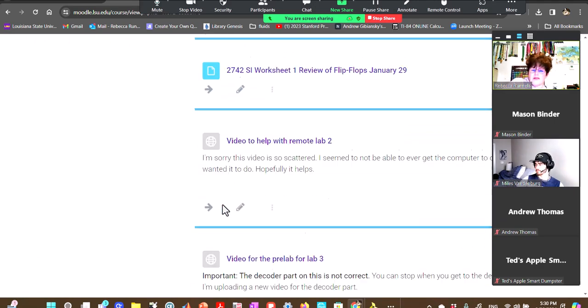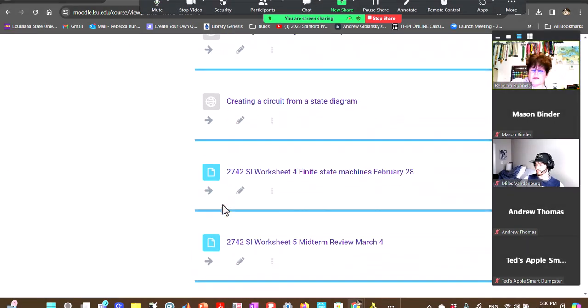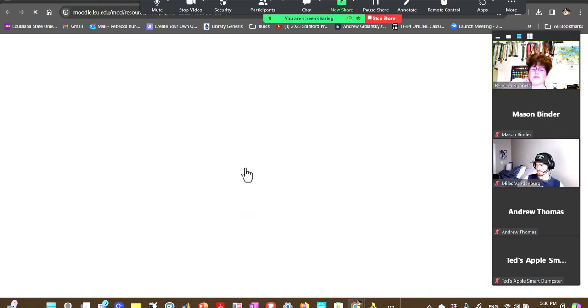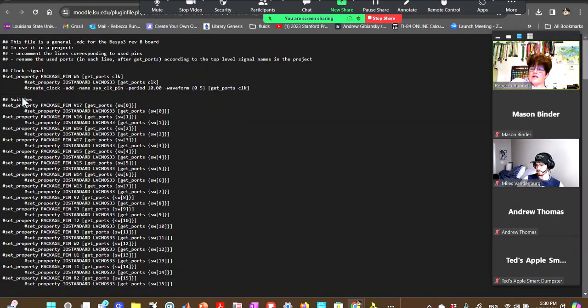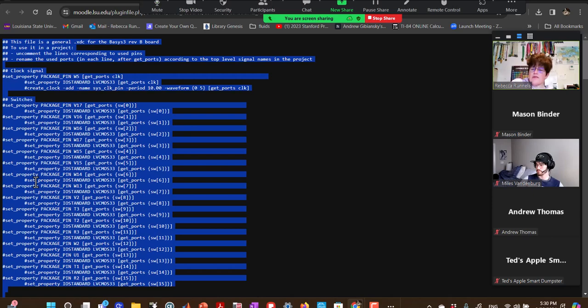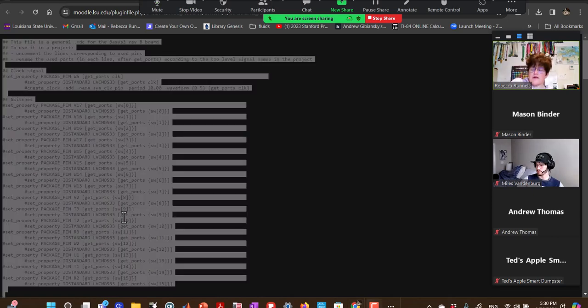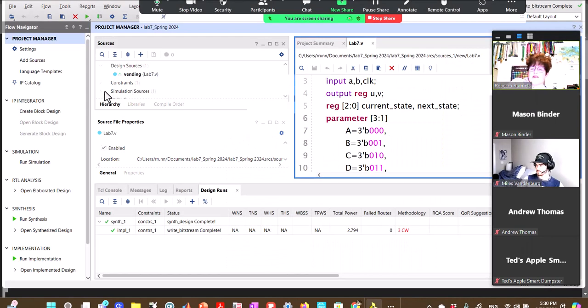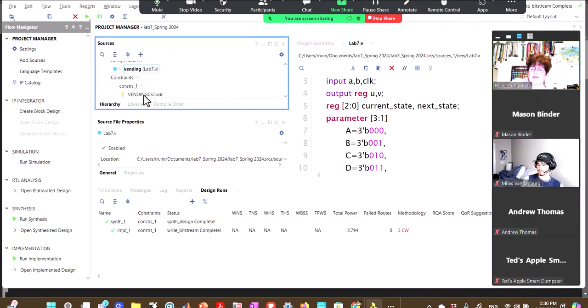You go to SI resources, constraints template. This has almost everything you need in it. So I'll just Control All and copy. And then in Vivado, you would add it as a constraint file.